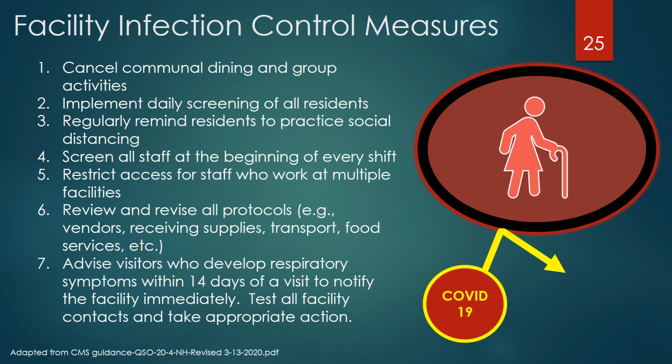If symptoms occur, advise them to isolate at home, contact their healthcare provider, and immediately notify the facility of the date they were in the facility, the individuals they were in contact with, and the locations within the facility they visited. Facilities should immediately screen facility contact individuals and take all necessary actions based on findings.